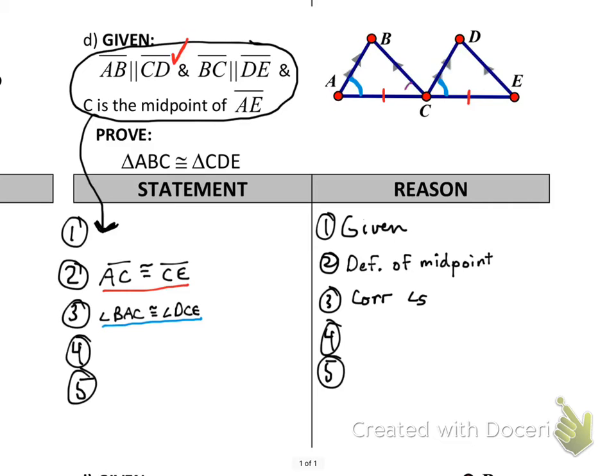But in this case, our corresponding angles are right here and here. Again, turn your paper so that the lines are horizontal and it might be easier to see the correspondence. All right, so let's name those real quick. Angle what? BCA is congruent to angle DEC.